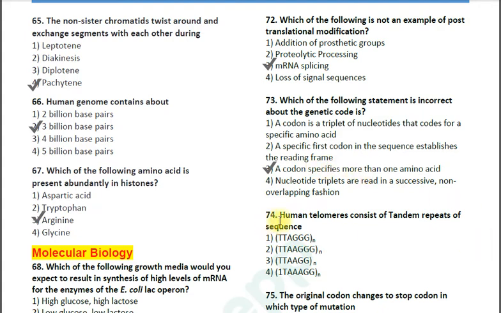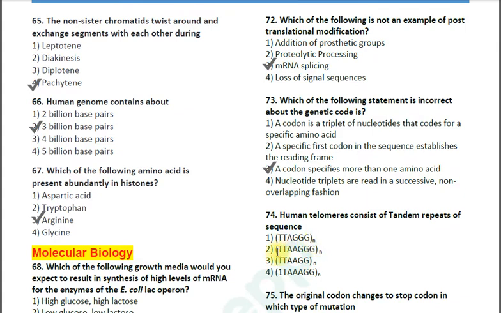Question number 74. Human telomeres consist of tandem repeats of which sequence? Option 1: TTAGGG, n number of the monomers.